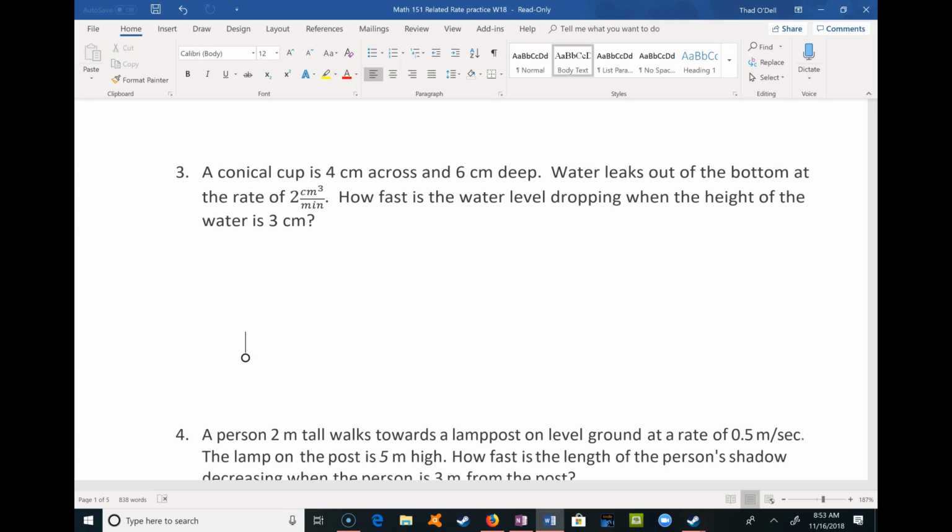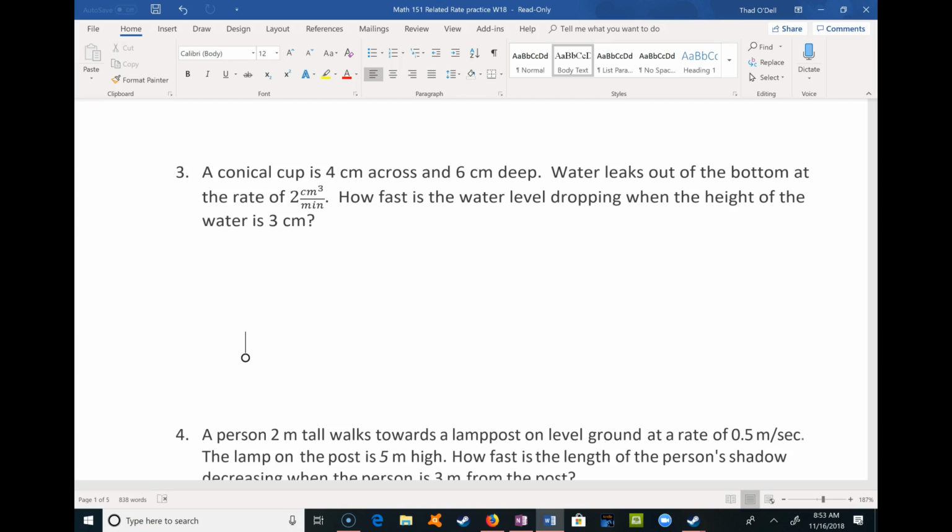The water level is changing, but it's not changing at 2 cubic centimeters per minute, right? What is 2 cubic centimeters per minute? That's the change of what? Change of volume. How do we know it's change of volume? Well, you think the water falling out is just pure volume, right? That's the change of volume. Does it affect the change in the radius? Yes.